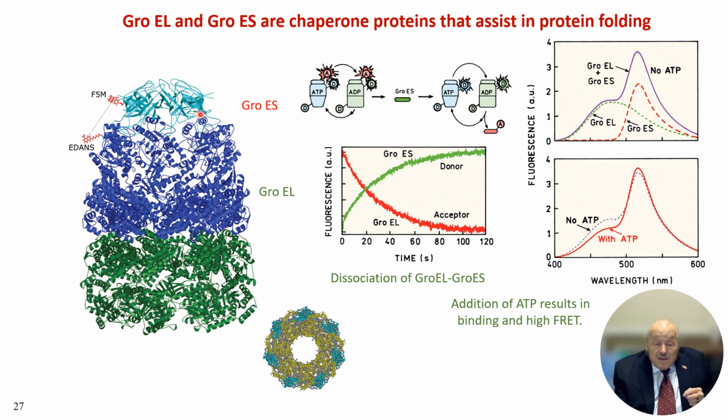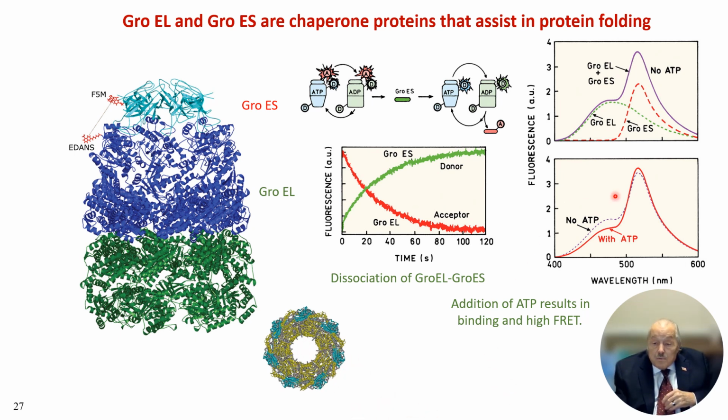So in order for it to be active, it has to be completely together. The top of it has to be on the lower part, and them coming together is catalyzed by ATP, and the proteins refold inside this hollow cage, which is the bottom structure of it.